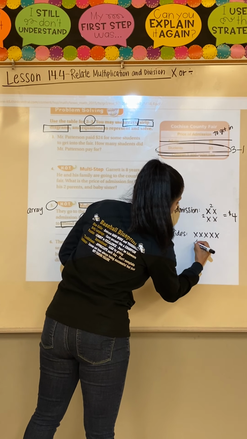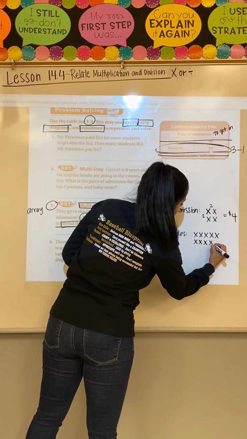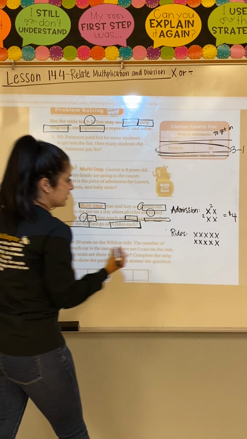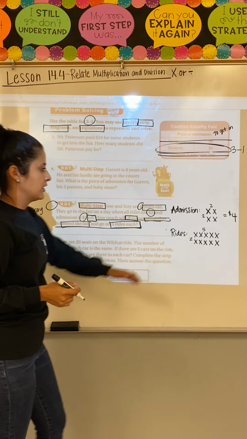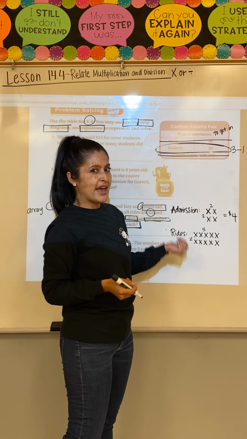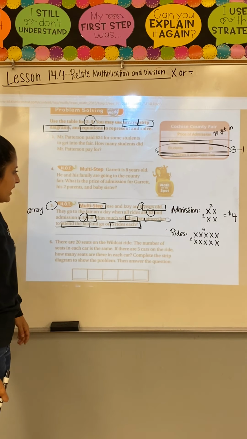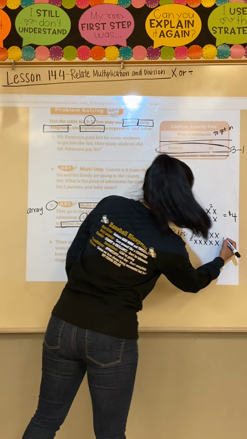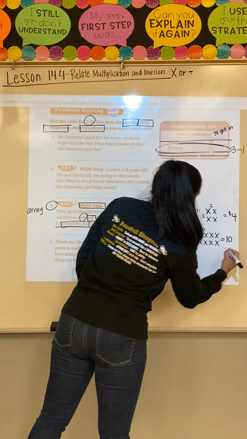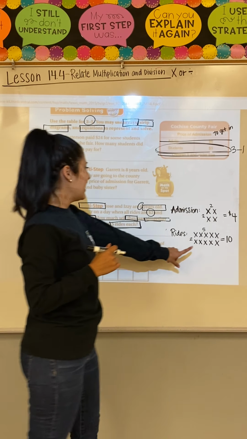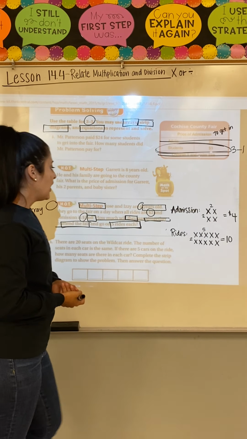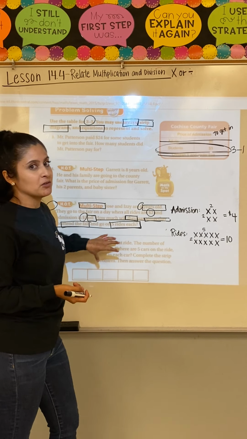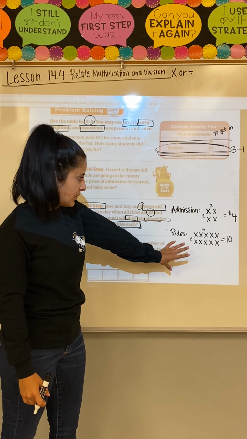Izzy is going to do 5 rides. Okay, so we're talking about 2 people going on 5 rides each, or 2 times 5. How many objects do I have in this array? Well, we have 10. Now, is 10 representative of my price? No, that's just the combined number of rides those 2 people are going on.